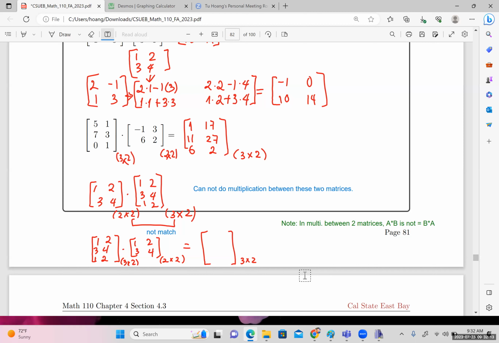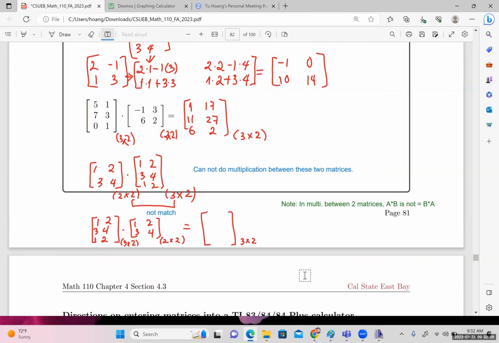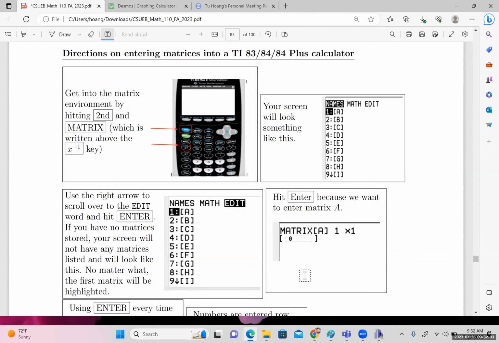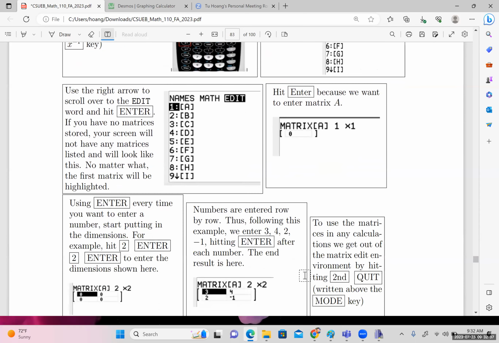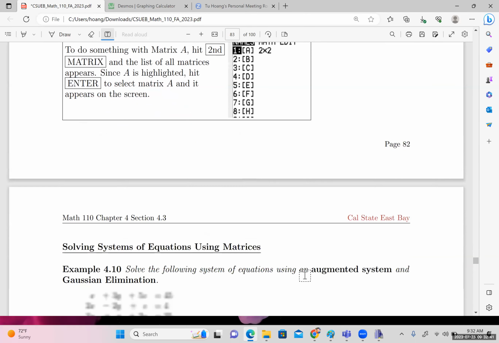So I will come up and help you with using calculators for these operations above. I have the direction over here. Okay, everything has been set up. I will run one example for you.